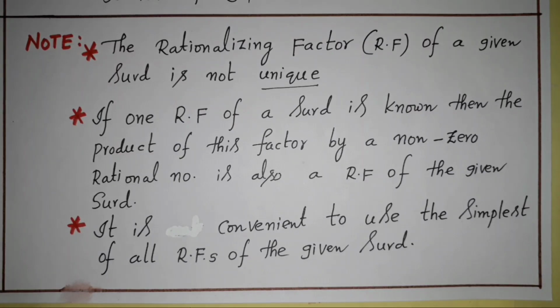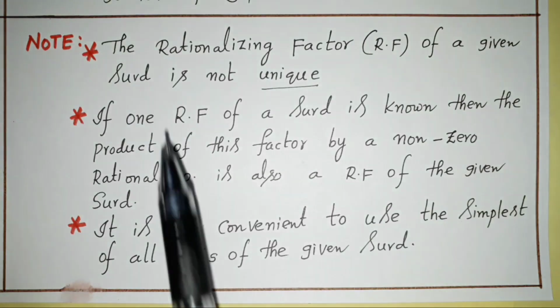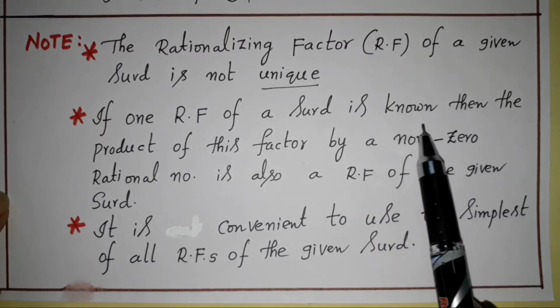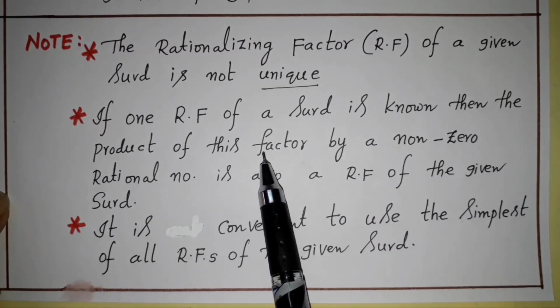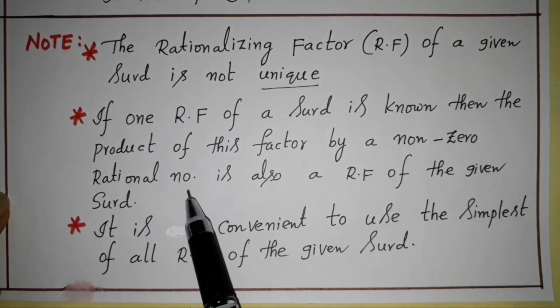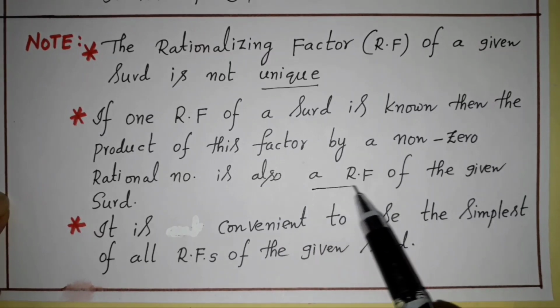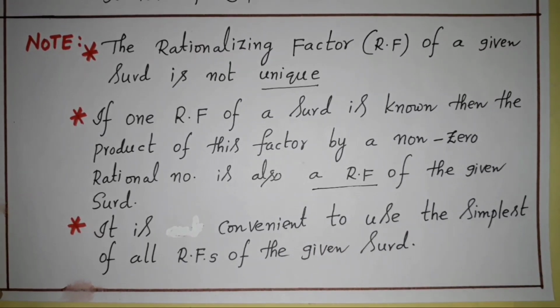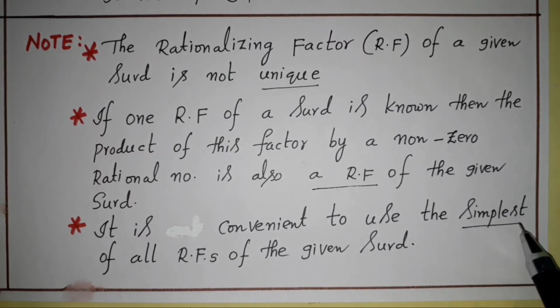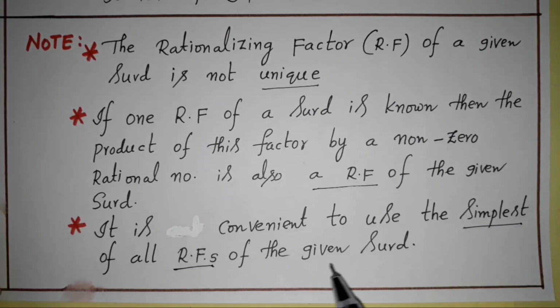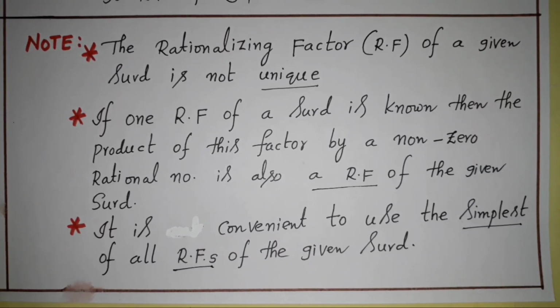Next, if one rationalizing factor of a surd is known, then the product of this factor by a non-zero rational number is also a rationalizing factor of the given surd. Just now I explained to you the way. It is convenient to use the simplest of all rationalizing factors of the given surd. This point also I explained to you.